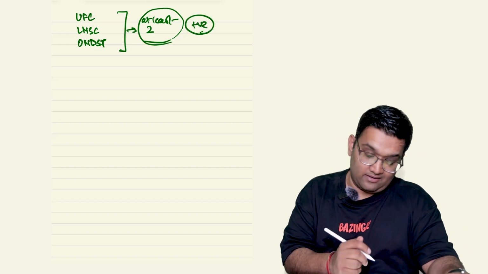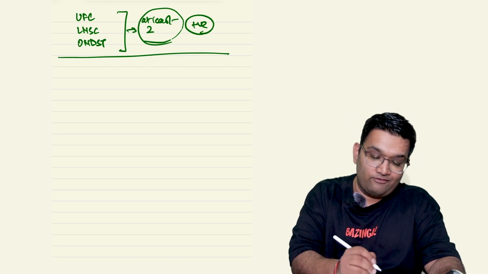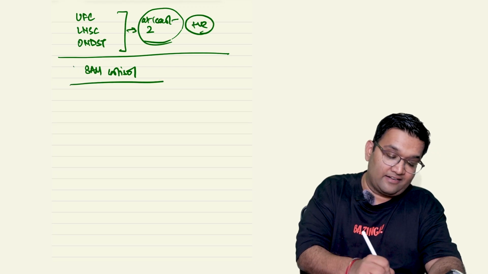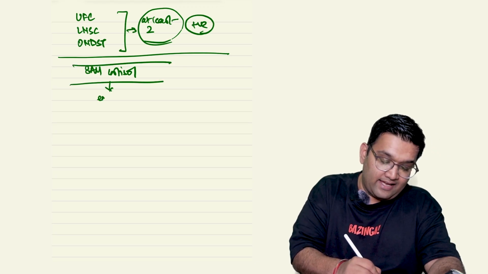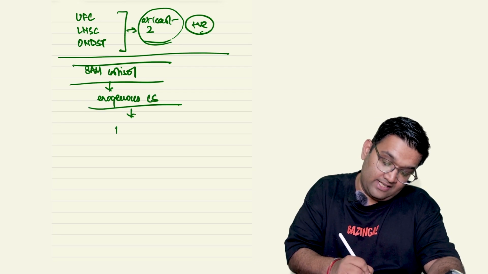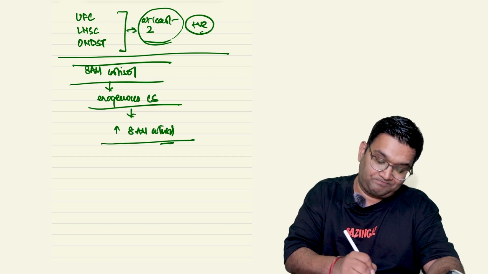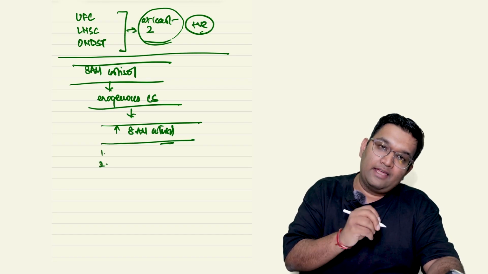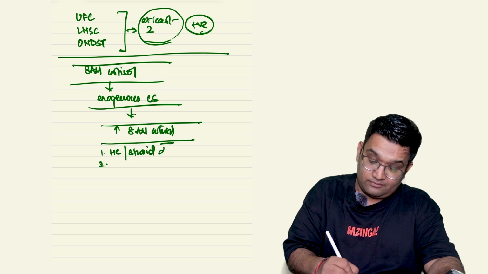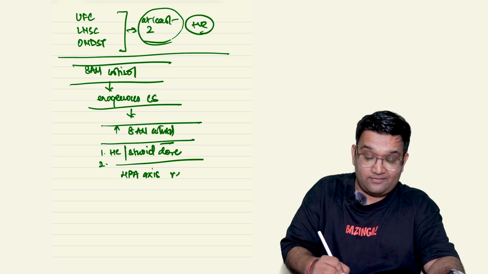Alright. Now what we need to understand is that in certain disorders even the 8 AM cortisol can misfire. In exogenous Cushing's they have an increased 8 AM cortisol. It can occur in 2 cases. Number 1, if the patient is on a hydrocortisone or a steroid dose, or the HPA axis is in the recovering phase.